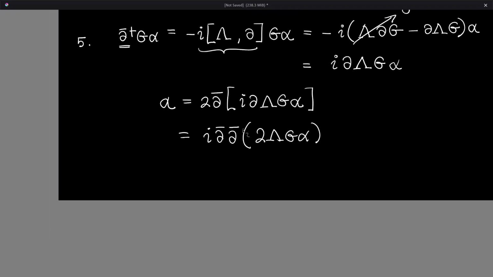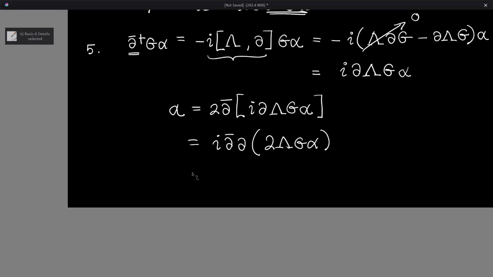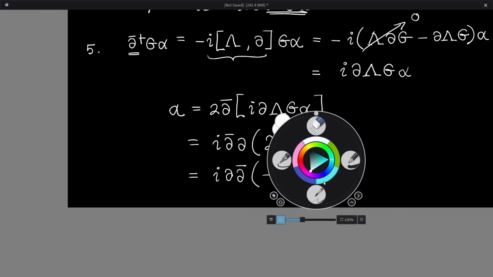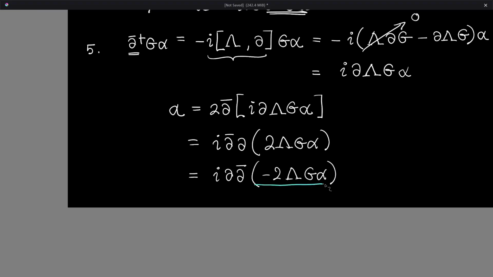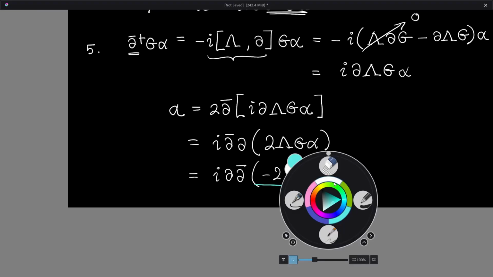Sorry, that should be a partial. Which, if you want to be petty, we can rewrite this as i partial bar minus 2 lambda G alpha. What I did there is I commuted the partial and the partial bar. The commutation adds an extra minus sign, and I moved that minus sign inside the bracket because we want to identify this as beta. And that completes the proof.